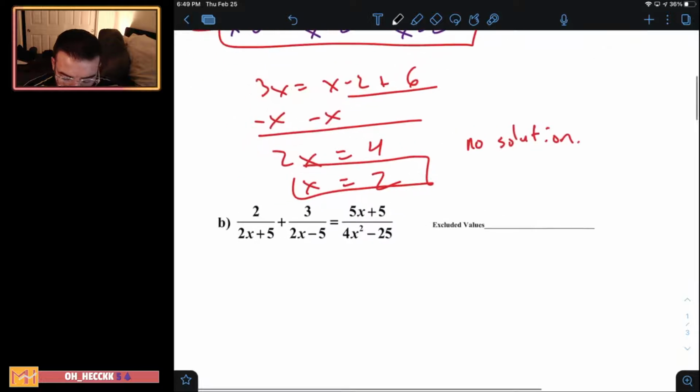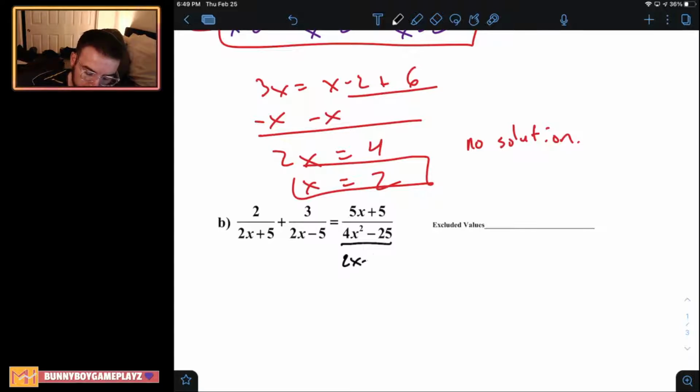Let's keep it going. 2x plus 5, 2x minus 5, 4x squared minus 25. This, we need to realize, factors into 2x minus 5 times 2x plus 5. It's a difference of squares. 4 and 25 are both perfect squares, so we can split it up into 2x minus 5, 2x plus 5. Why is that useful?